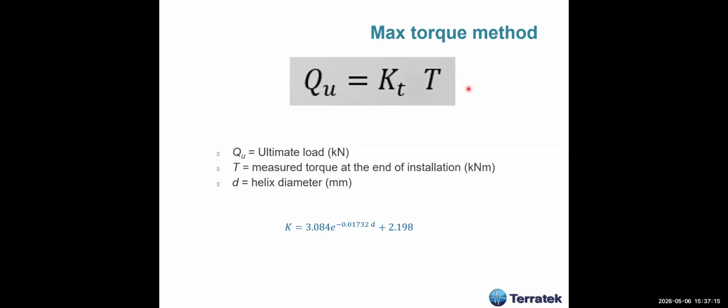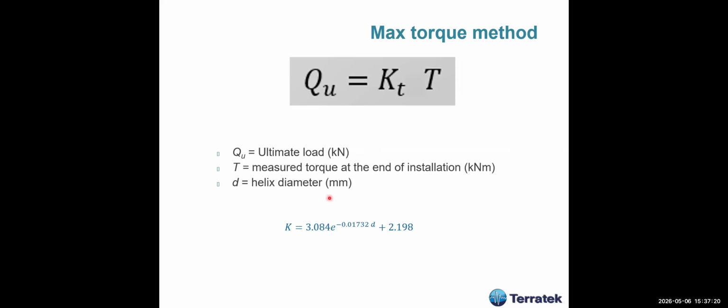I'm not going to go into details, but here is an equation that could easily be used to calculate the K as a function of the helix diameter. This works, okay?